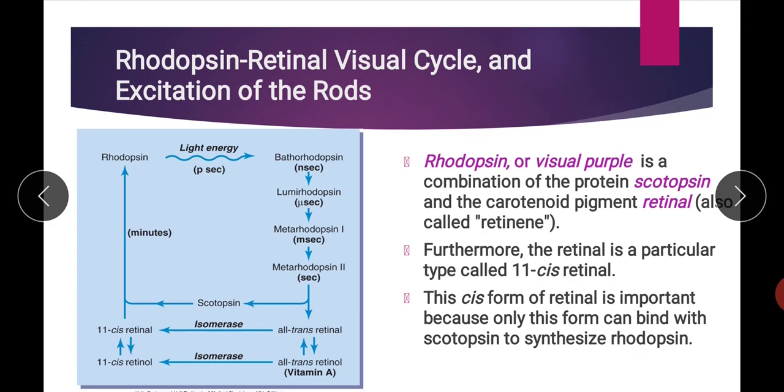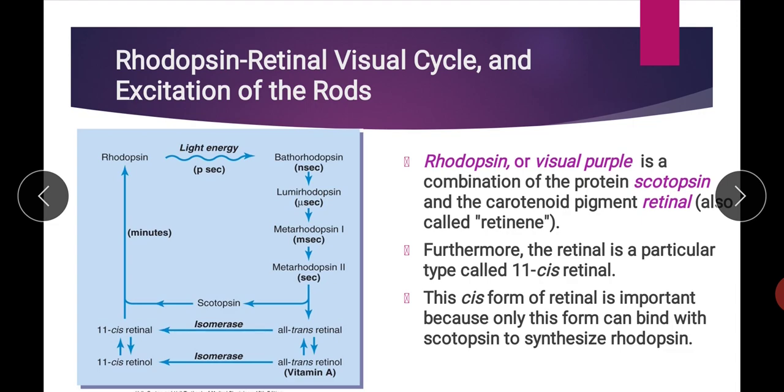If you remember the structure of the rod, from outside to inside it has an outer segment, inner segment, nucleus and synaptic body, and this outer segment is made up of several discs, or its membrane is modified into discs or saccules. These discs impinge on the pigmented epithelium, and 40% of this membrane of discs is formed by rhodopsin. Rhodopsin is a photochemical, and also a type of transmembrane protein present in the membrane of the outer segment of the rod.